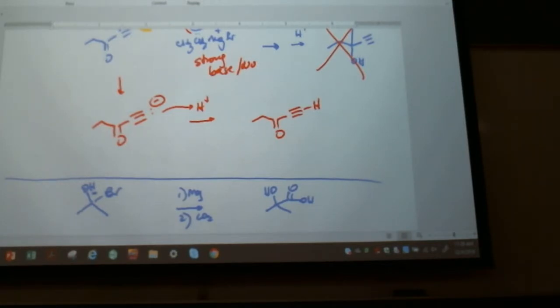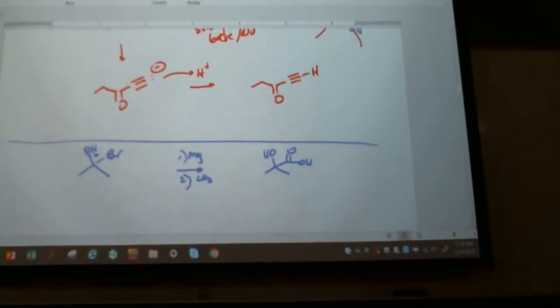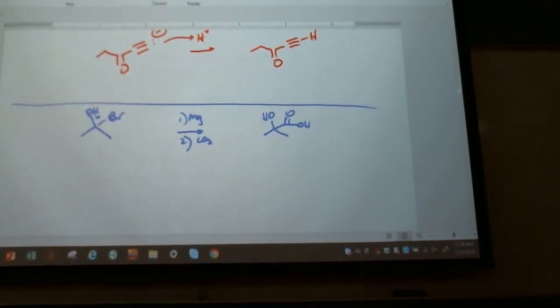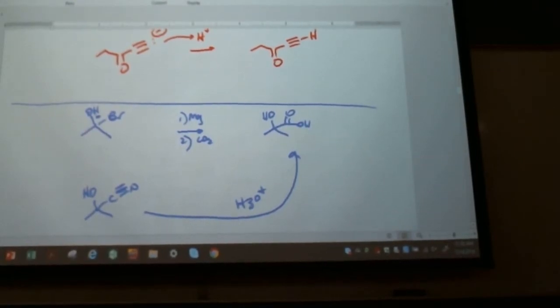We have an acidic hydrogen. You cannot make Grignards with acidic hydrogens around and expect that not to attack something else. So that is not viable. What would be viable in here would be to somehow start from this and then hydrolyze this to that. But that would not work.